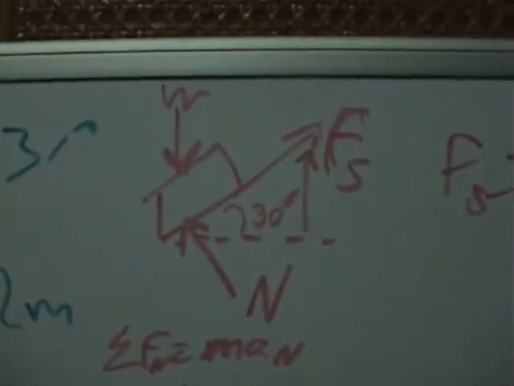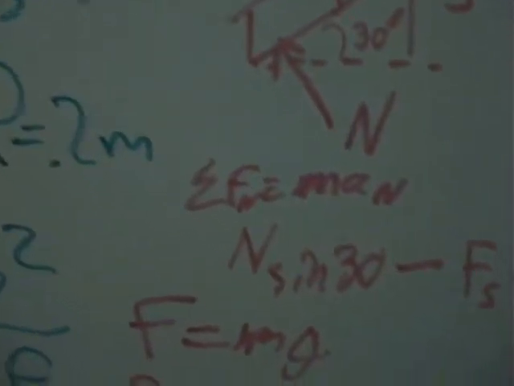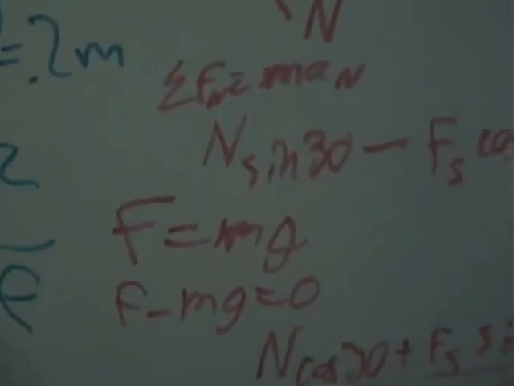So we have the free body diagram right here, and this is tilted at an angle of 30 degrees. F sub s is mu sub s times n. His first equation here is the sum of the forces in the normal direction equals ma in the normal direction.